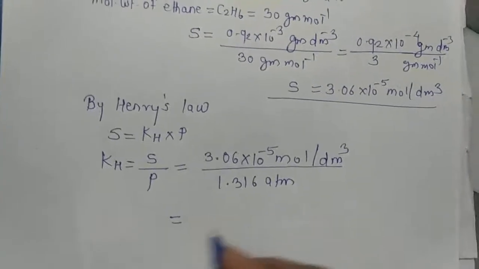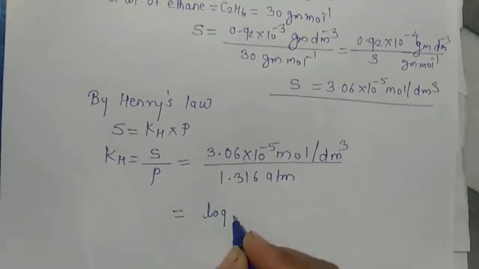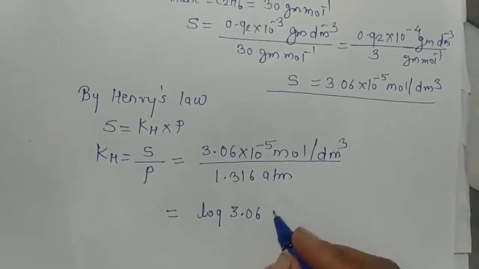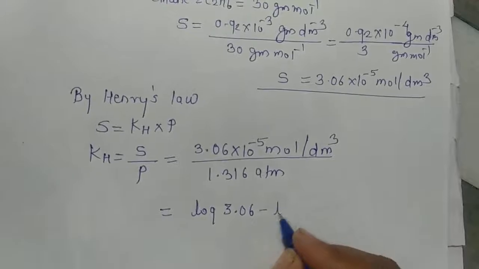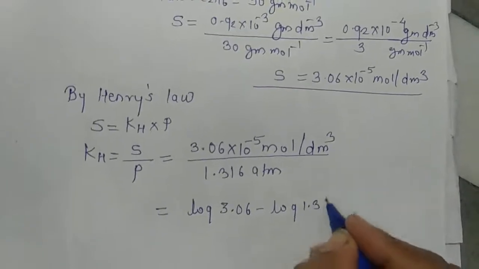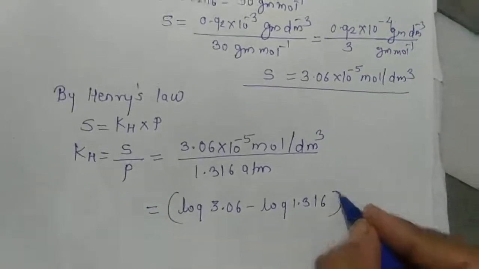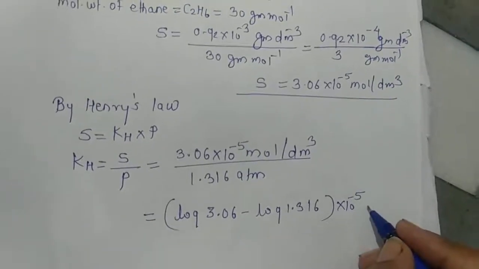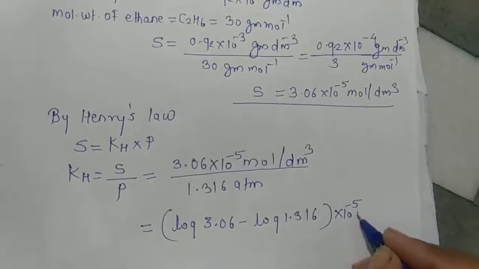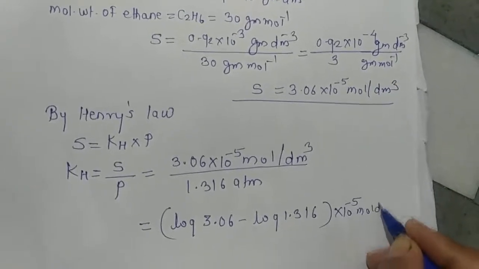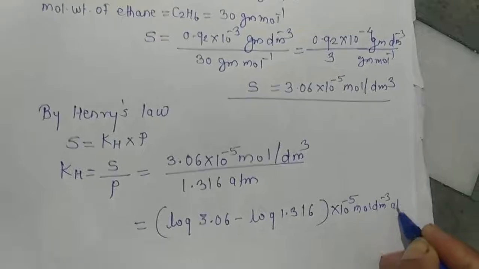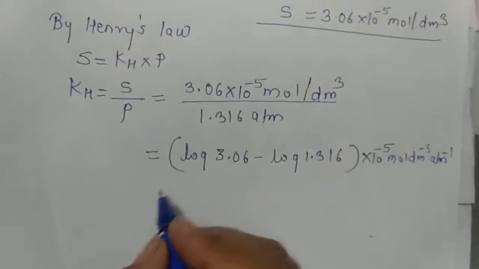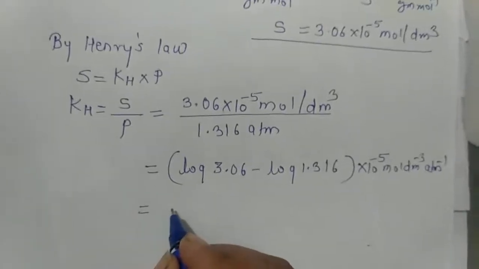So this equation is solved by the log table. We are getting log of 3.06 minus log of 1.316 into 10 raised to minus 5, with the unit mole per dm cube per atmosphere. Here we are going to calculate the logs.